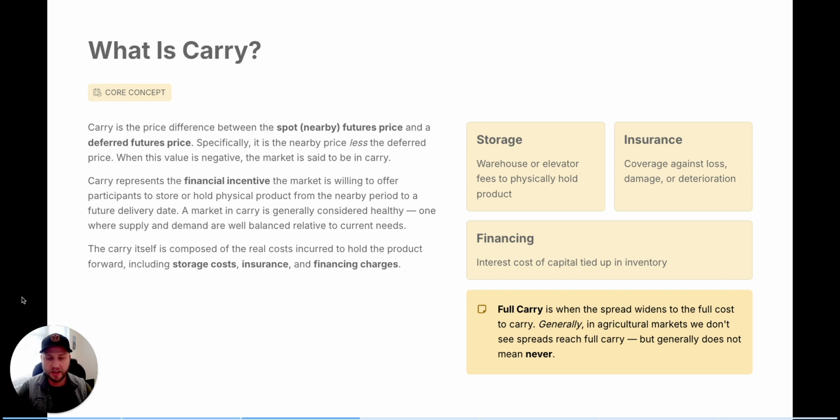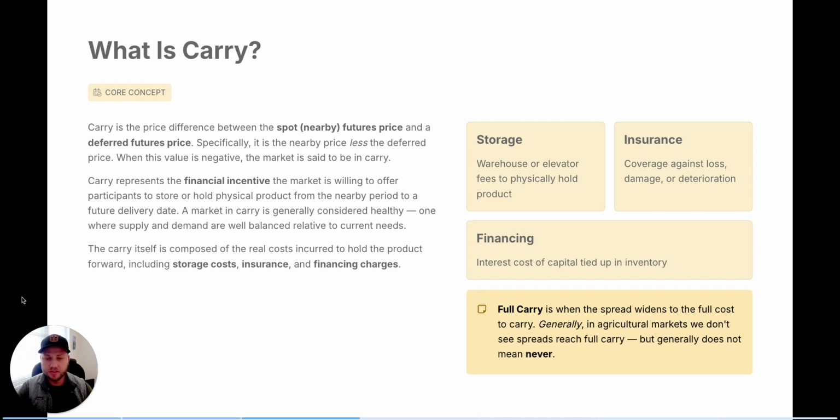So that's where that financing opportunity cost comes from. And of course, the storage is going to be your warehouse or elevator fees, or even your on-farm cost of storage as well. Insurance is coverage against loss, damage, or deteriorating grades. And as I said, the financing is that interest cost of capital that you would have tied up in that inventory that you're not getting cash flow for.